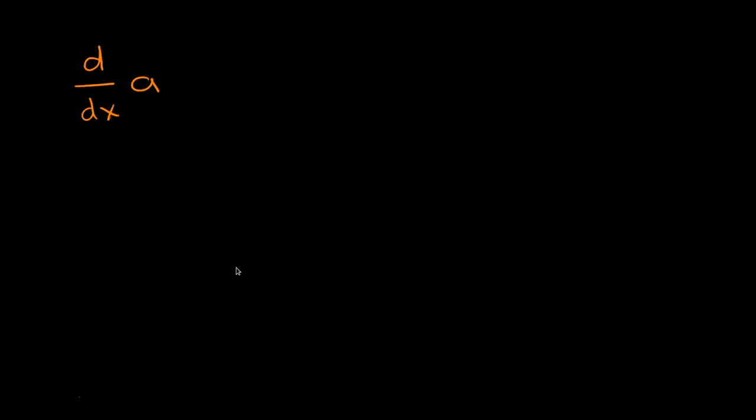Now is it true that the derivative of any constant is equal to 0? Let's find out. We can rewrite this as the derivative of a times x to the power 0. The same thing that we did in the last problem. Now we know our n value is 0 and our a value is, well, a.